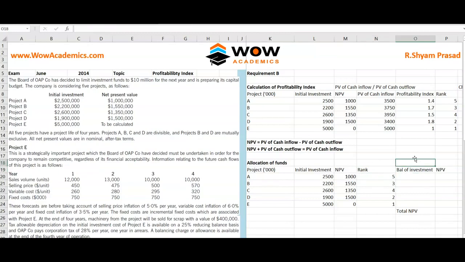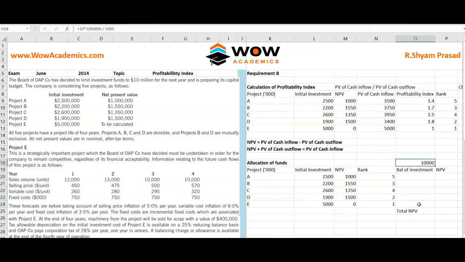So we have a total of 10 million. So we'll work out how much funds we have. We are calculating in thousands. So we have a capital of 10,000, and we have to spread it across these investments in this ranking.